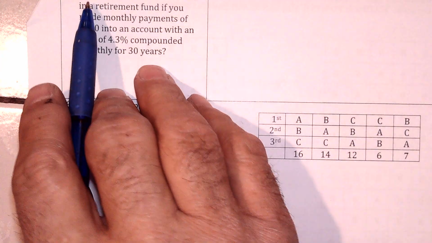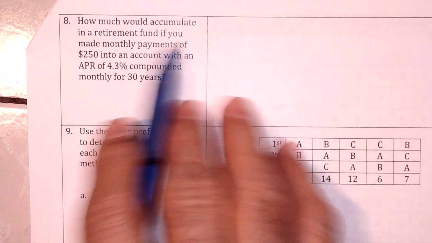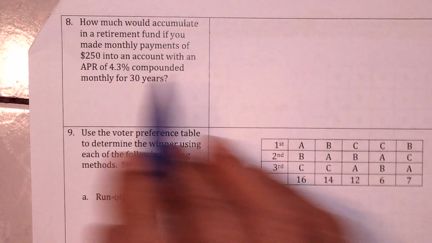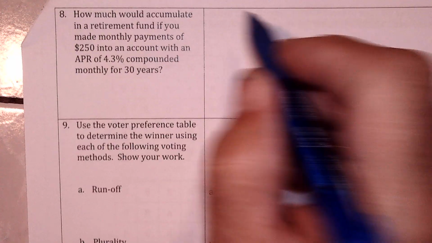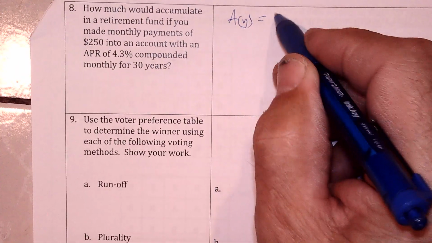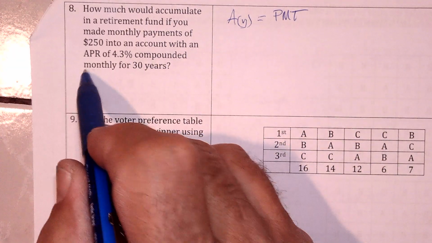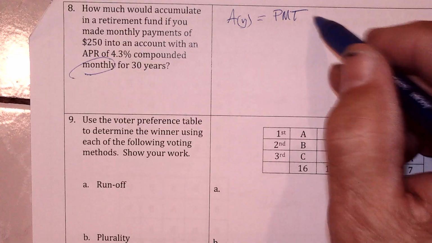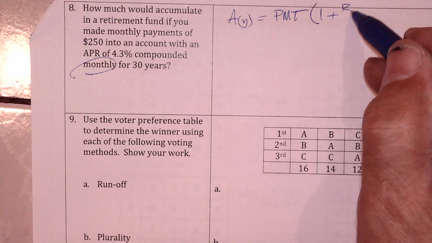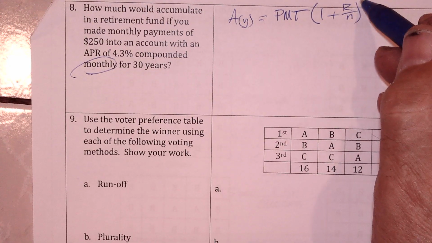How much would accumulate in a retirement fund if you made monthly payments, $250, into an account of 4.3% for 30 years? So that's the payment formula. The amount after some years is the amount you make in payments each month times 1 plus the rate divided by the number of months in a year.